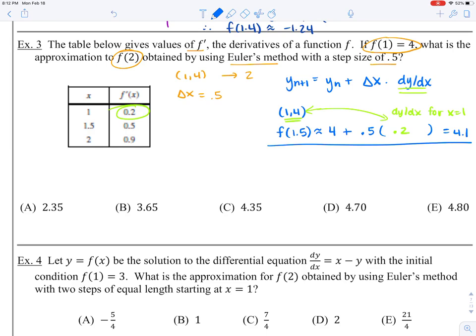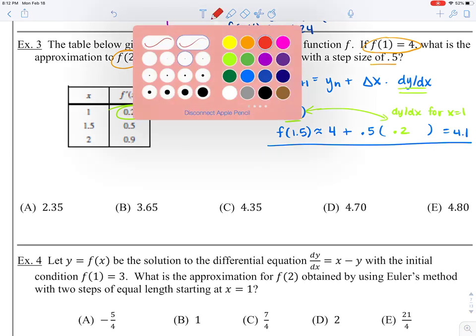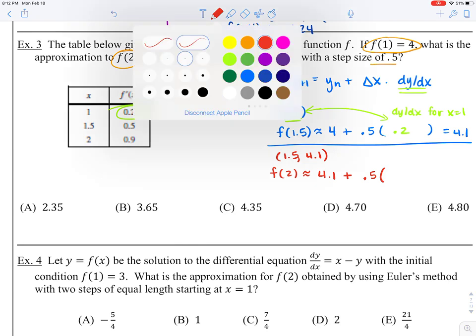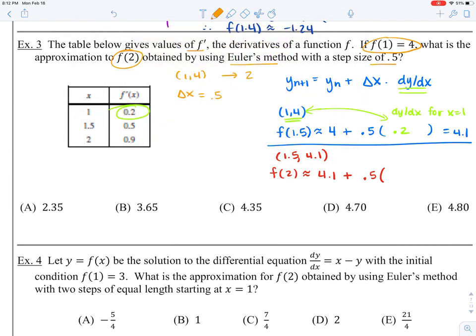You've now taken one step and we're at a new point. Our new point is 1.5, comma, 4.1. And if I take a step half a unit out, or 0.5 out, I'm at f of 2. So we're going to be using 1.5 and 4.1 to calculate f of 2. So I take my previous y value plus delta x times dy dx, dy dx for the previous point.